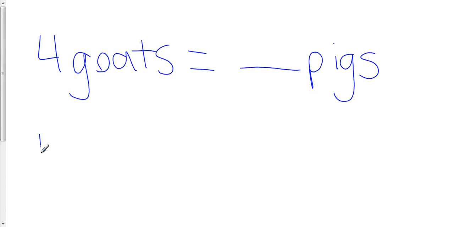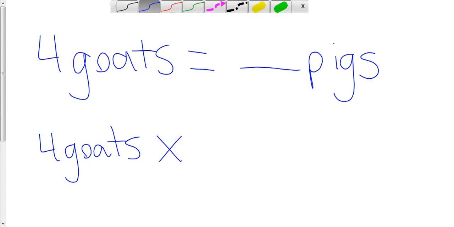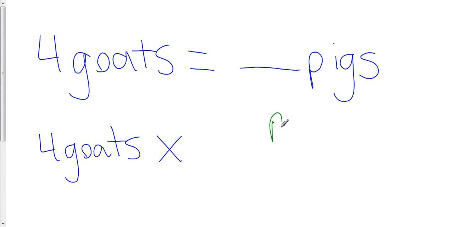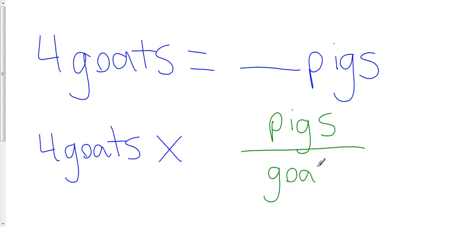So I take what I have, 4 goats. And I'm going to multiply this by my rate of conversion. What I want are pigs. Let's do this one in green. I want pigs. And what I don't want are goats. So if I happen to have some sort of relationship about the worth of pigs and goats, this is where I can do it. So let's just make one up.